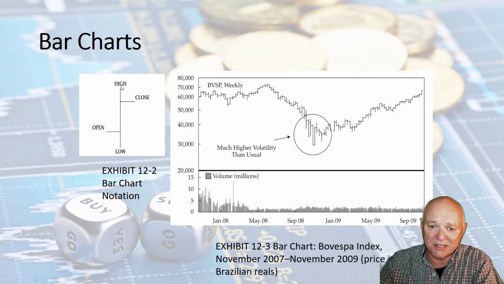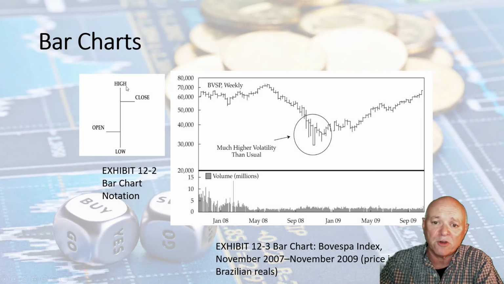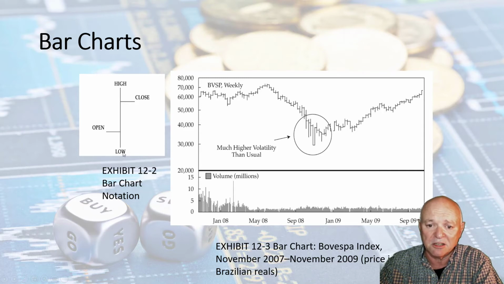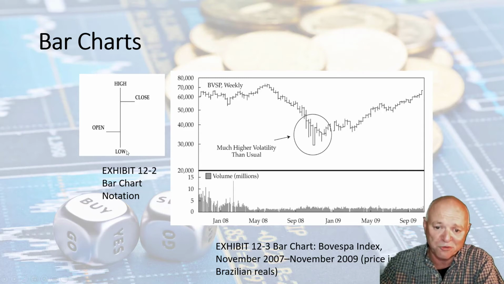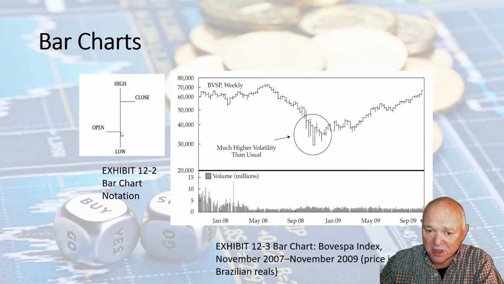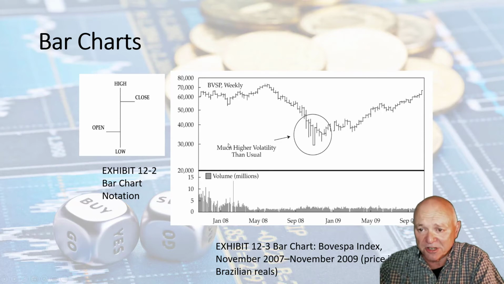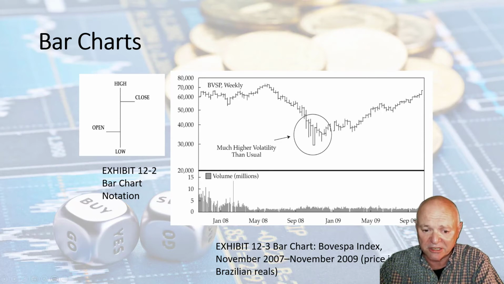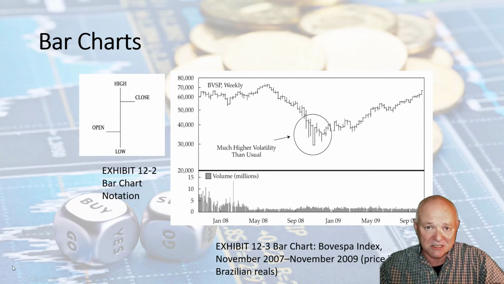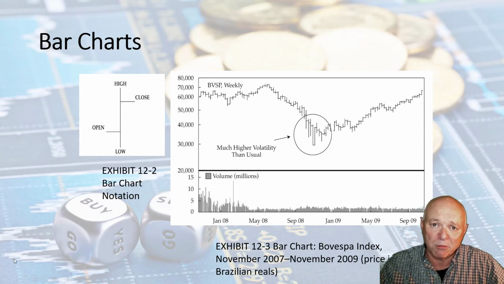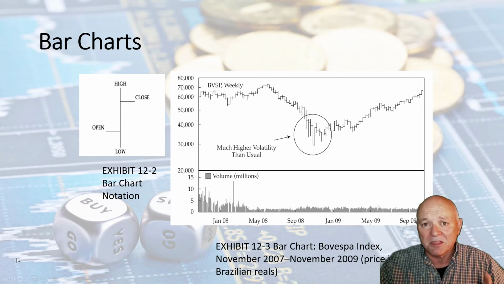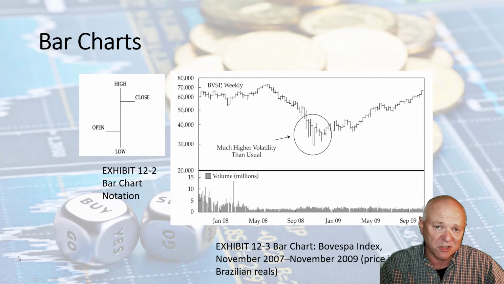The top of the line represents the high price for the day. The bottom represents the low for the day. The bar on the left represents the opening price, and the bar on the right represents the closing price. So for certain days, you can see there's a lot of volatility, and that's highlighted because there's much more information about each day's trading than just a single data point showing us the open, the close, or the average trading price.